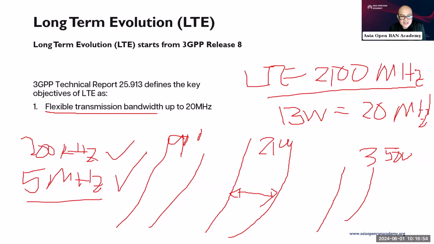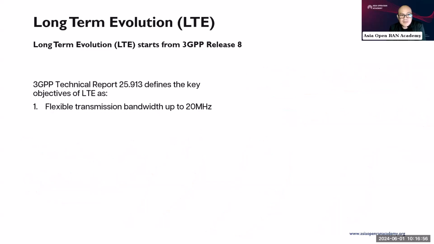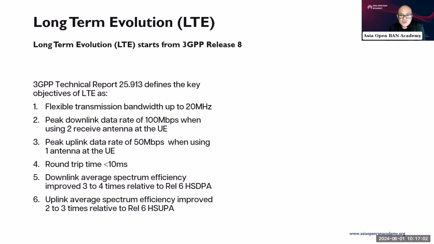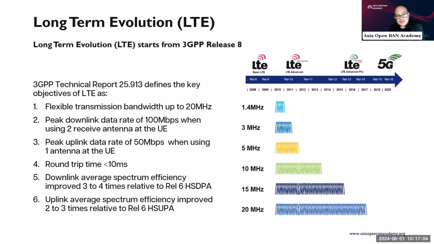But when it comes to LTE, they make it flexible. The bandwidth varies: LTE can be deployed in 1.4 megahertz, 3 megahertz, 5 megahertz, 10, 15, up to 20. Why is that? There are operators that don't have sufficient bandwidth.